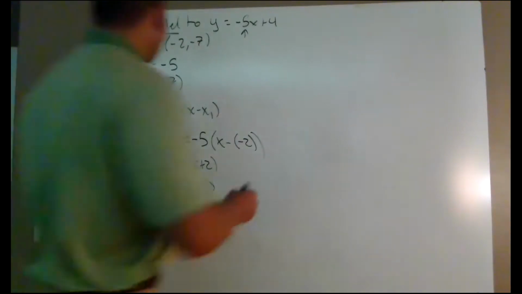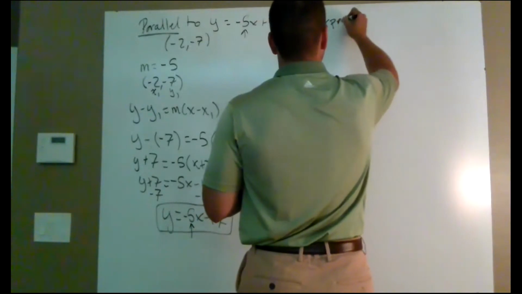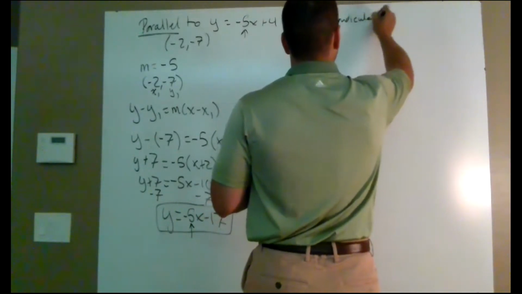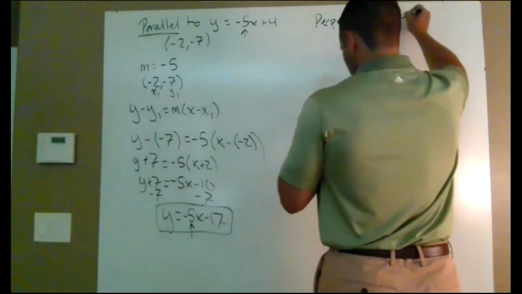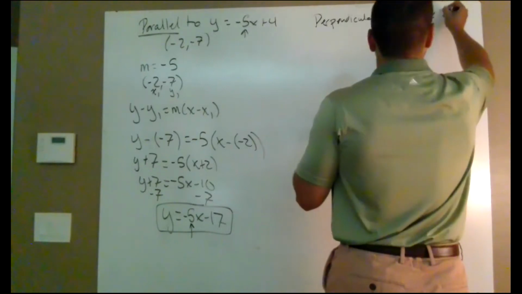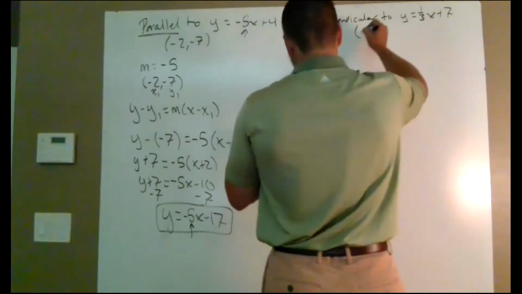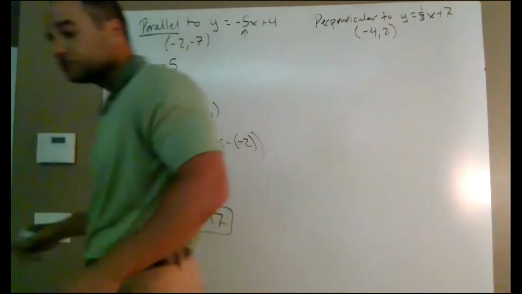All right, for the perpendicular, the process is going to be just about the same. We want a line perpendicular to the line y is equal to 1/3 x plus 7, going through the point negative 4, 2.